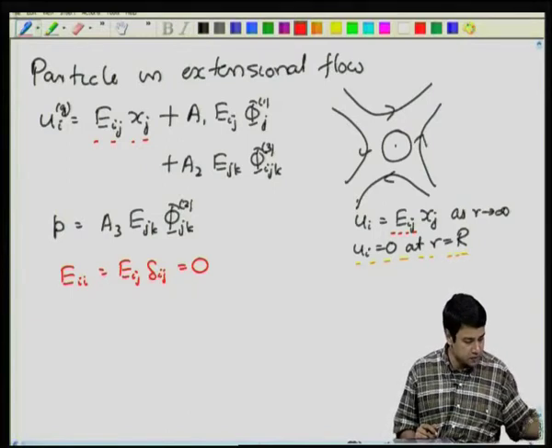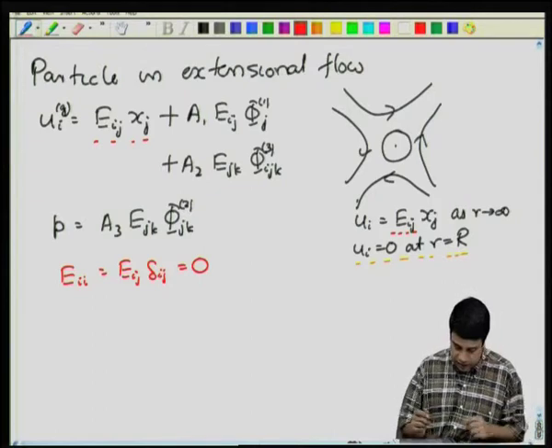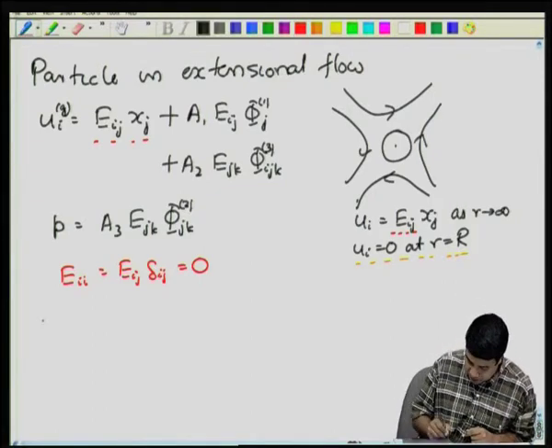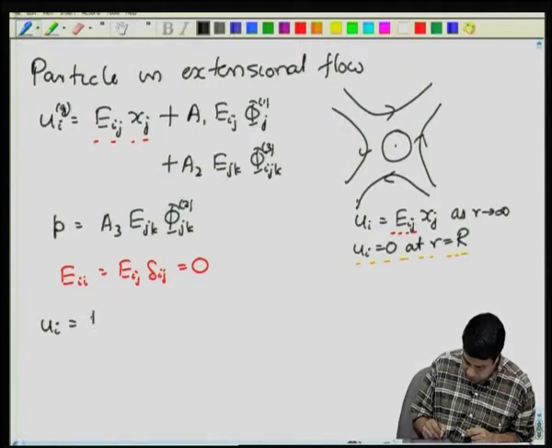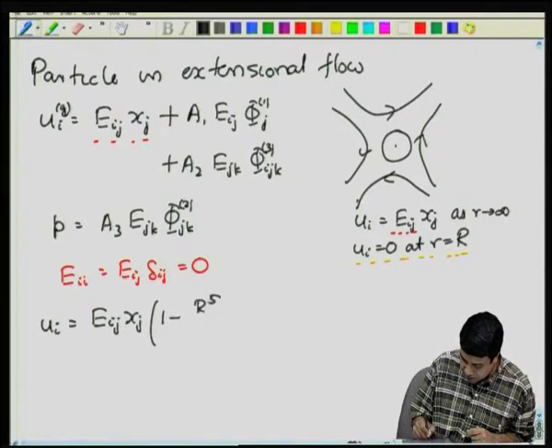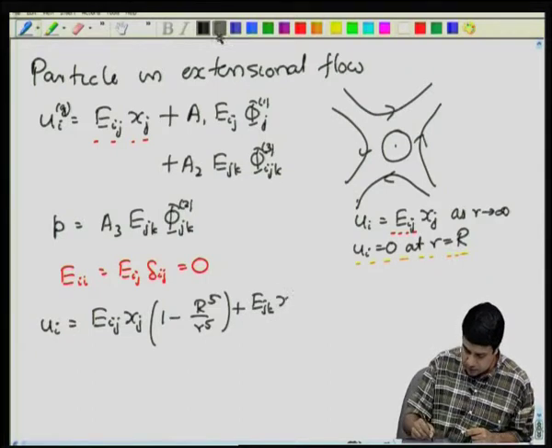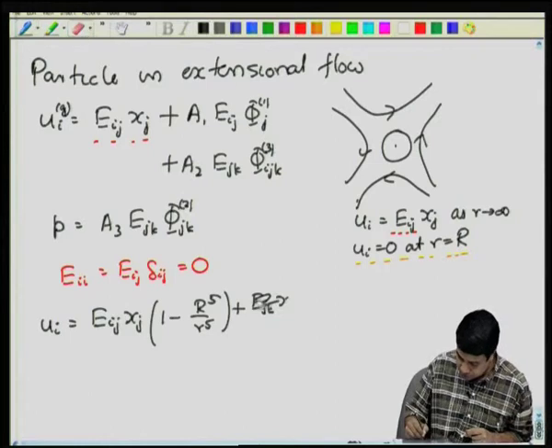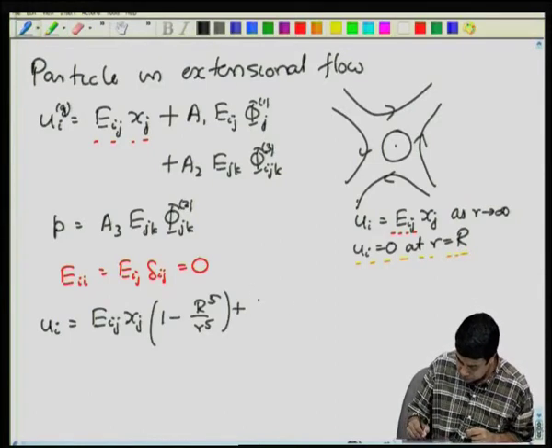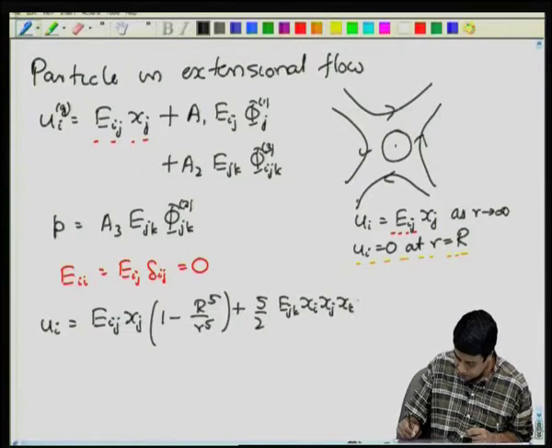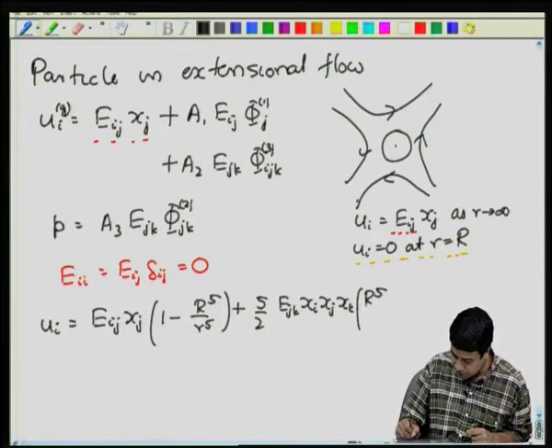I will just give you the final solution for the velocity field. The final velocity field is Ui equals Eij xj into 1 minus r power 5 by r power 5, plus 5 by 2 Ejk xi xj xk into r power 5 by r power 7 minus r cubed by r power 5.